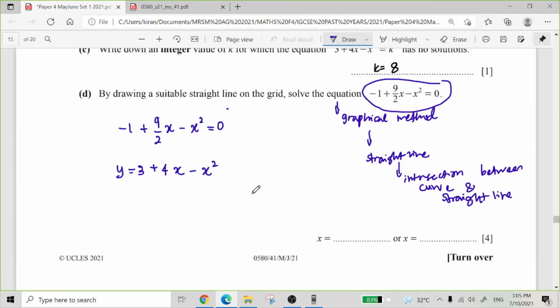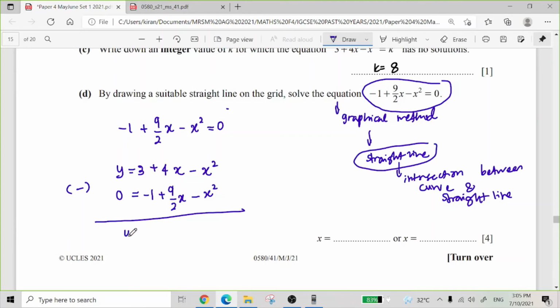So we subtract it: -1 plus 9 over 2x minus x squared. Why do we subtract? Because we want to eliminate the x squared and get the straight line form.